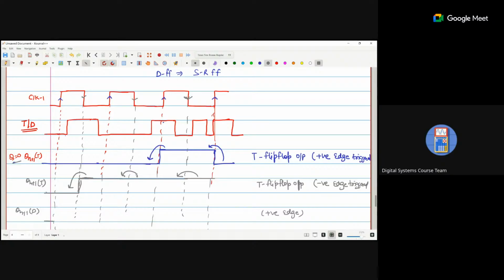Now when the clock is 1, the input is 0, so the output is 0 till the next positive edge. Positive edge appears, input is 0, so again it is 0. Till the next positive clock appears, the input is 1, so the output is 1, and till the next positive edge the input is 1, so the output is 1.